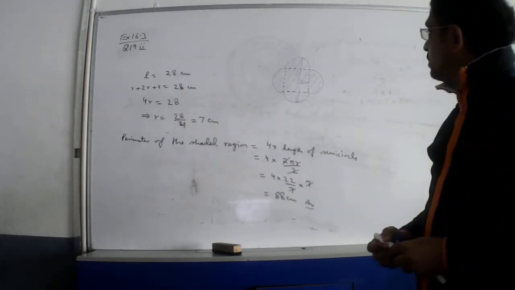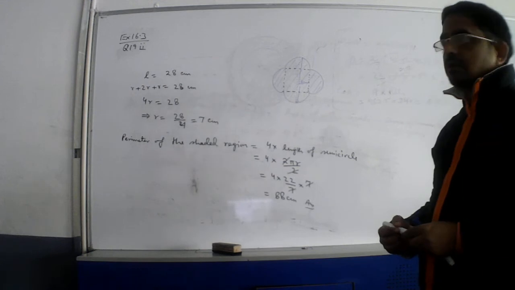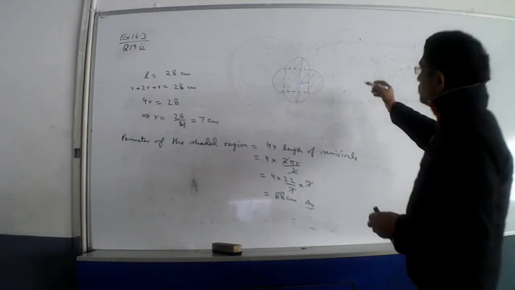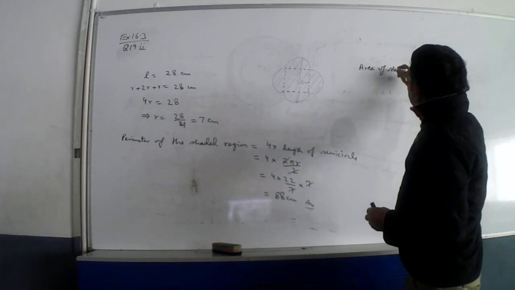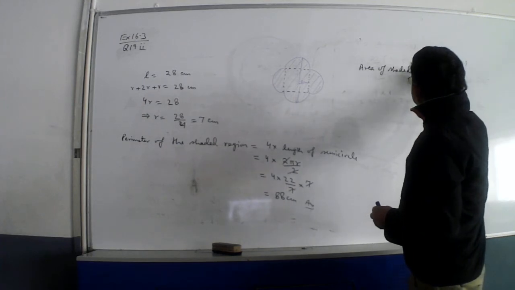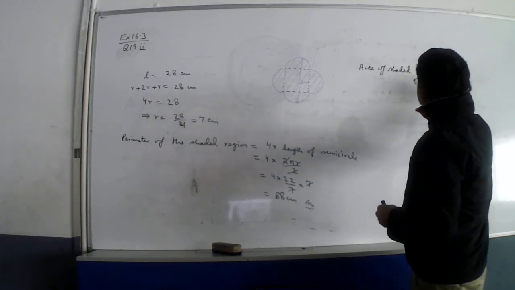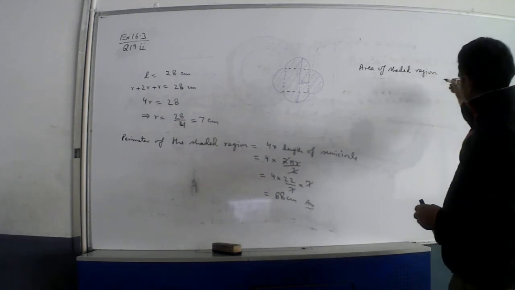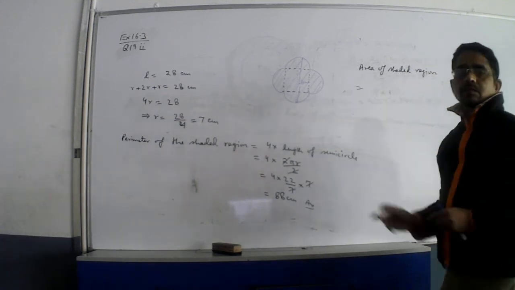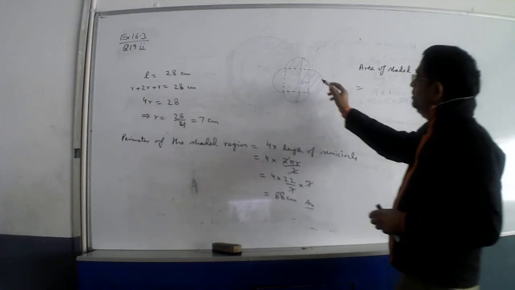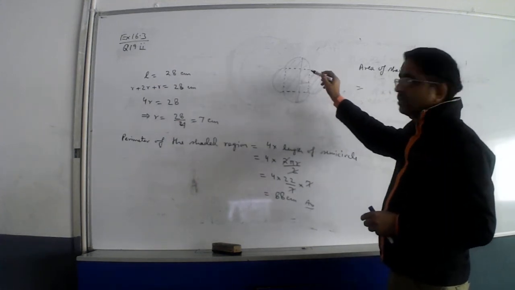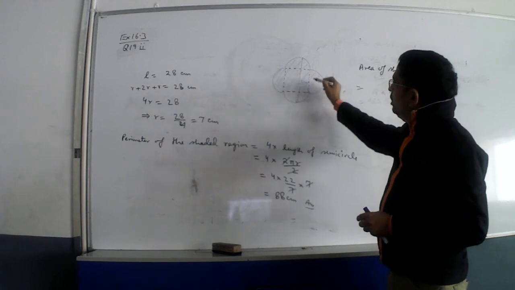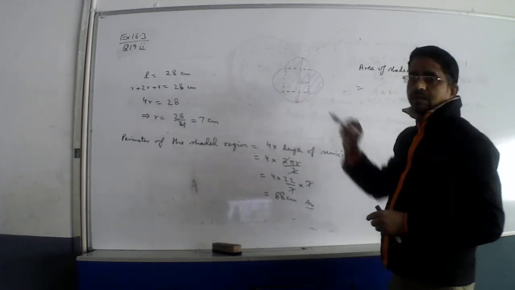Now next we have to find the area of the shaded region. So area of shaded region is equal to, now as I said, this whole area inside this whole figure is area of square plus area of 4 semicircles.